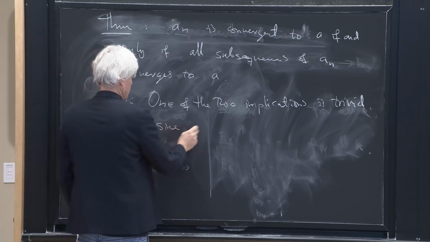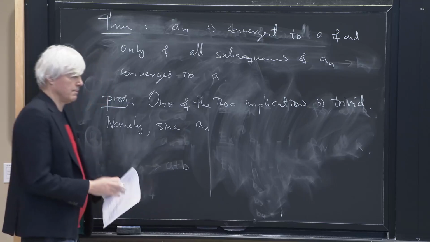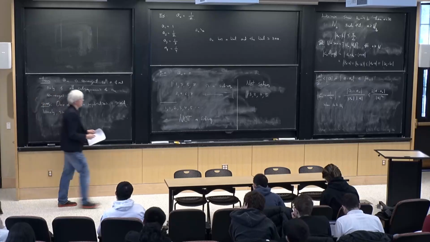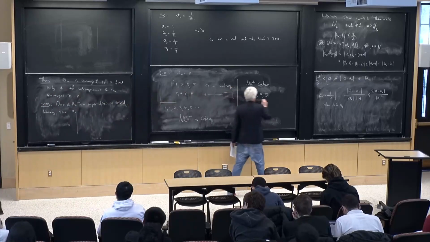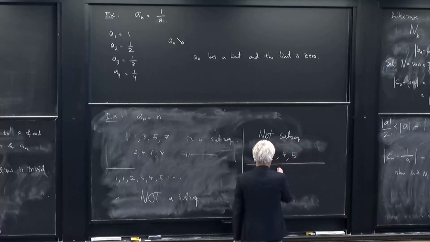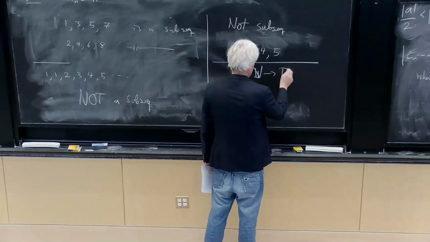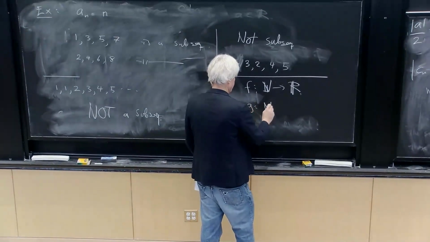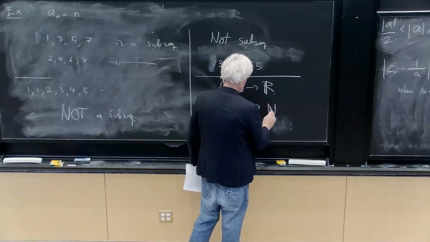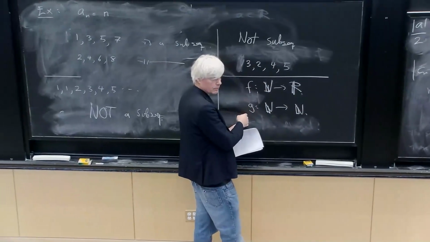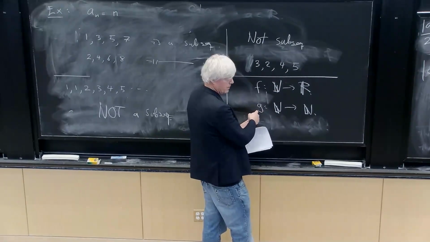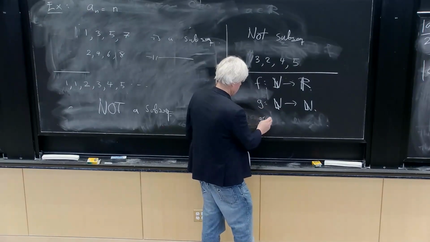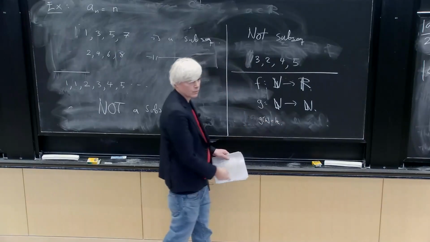Since, right, remember that the map to define a subsequence has to be strictly increasing. So remember that a sequence was a function like this. That was a sequence, right? And for a subsequence, you have another map that is strictly increasing, and then you're looking at the composition. But if you take this other map to be the identity, that is, g of k is equal to k, of course this is strictly increasing.